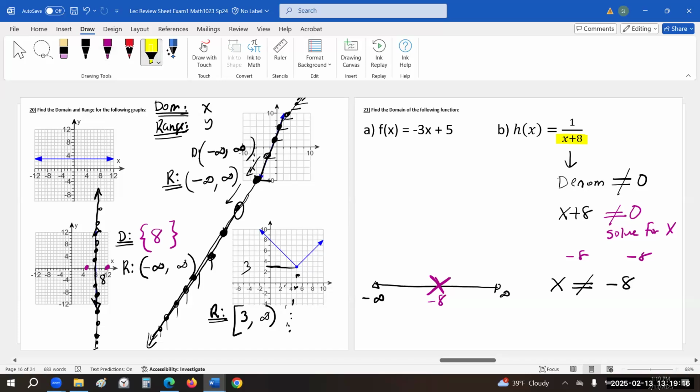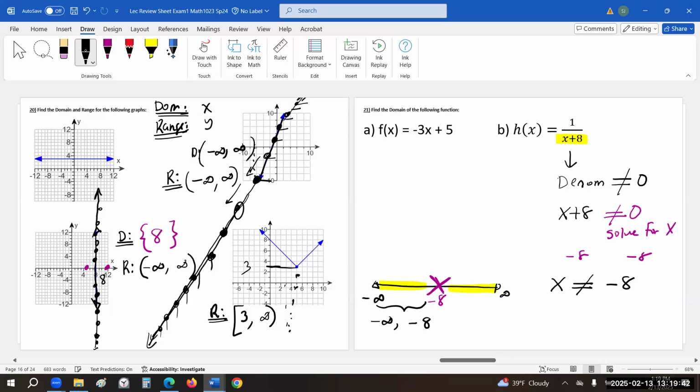So to write this in interval notation, we see our number line breaks into 2 intervals. And then we write them separately. In the first interval, what numbers to what number do you see? -infinity to? No, see -8 you cannot take. So it's up to -8.